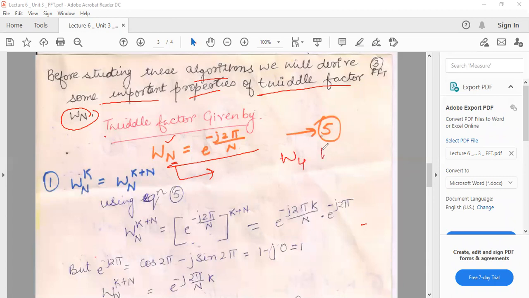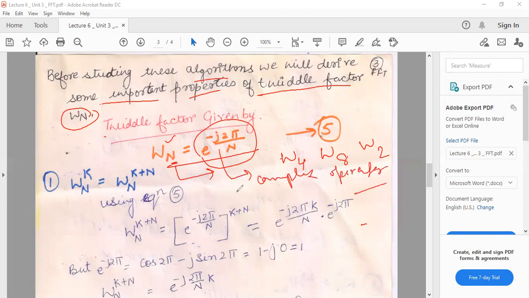For 8-point it would become W8, for 2-point W2, right? And this is equal to exponential of minus j 2 pi by N, where j is the complex operator. It has certain properties that we will discuss now.